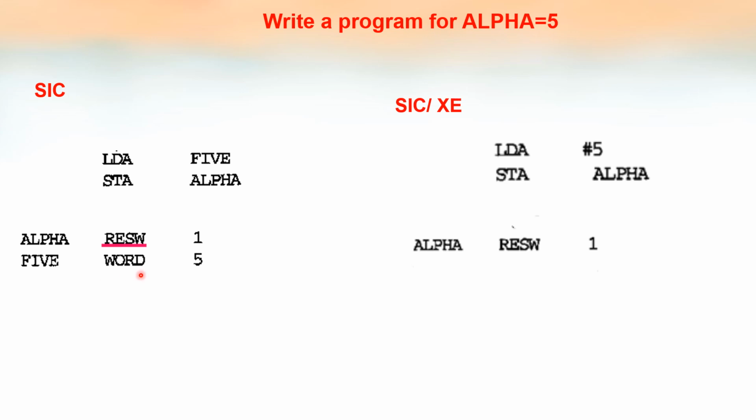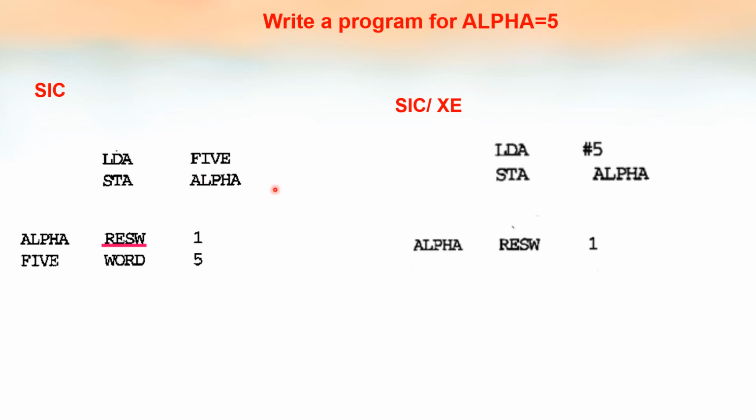WORD means 1 word of memory, which means 3 bytes, to hold this integer value 5. So this 5 becomes a constant. In a high-level language, we would write hash define pi equal to 3.14. After that statement, the name pi becomes 3.14. Similar to that, this name FIVE becomes 5.